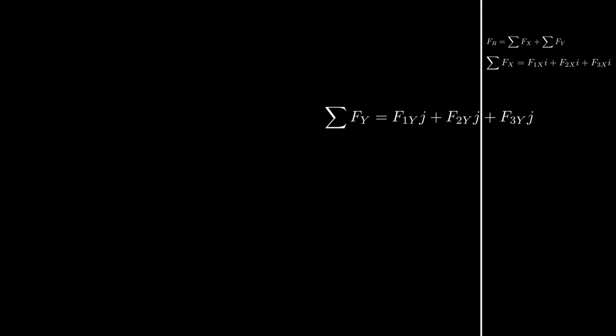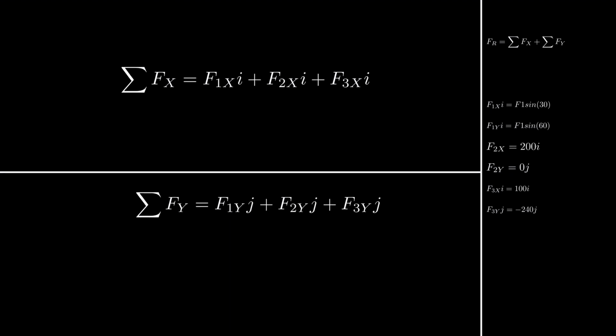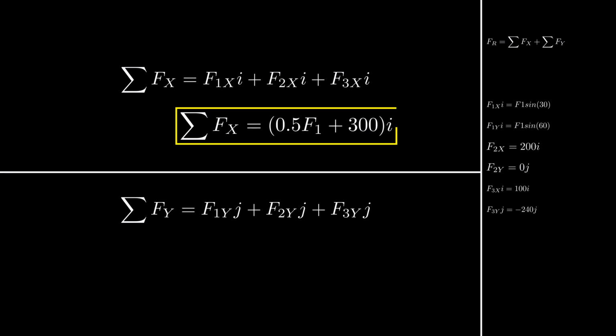So now we have found the x and y components of the F1, F2 and F3 vectors. For the resultant vector, we have to find Fx and Fy. For finding the Fx component, we add the x components of all three vectors, and for Fy, we add the y components of all vectors.